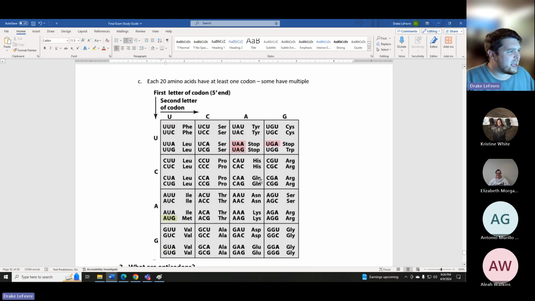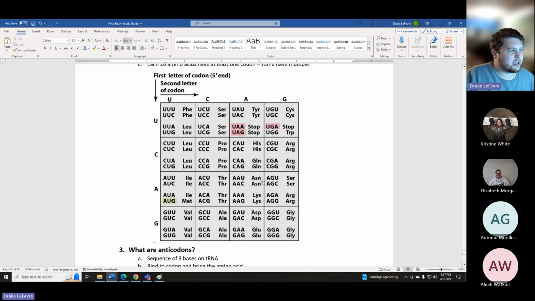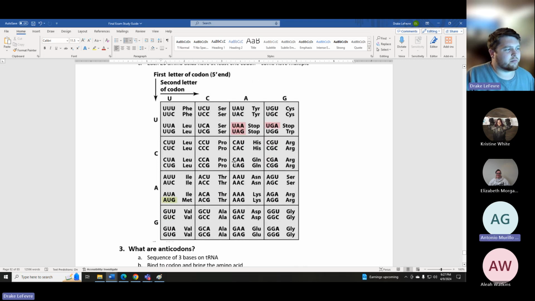You might want to know the stop codons as well, maybe. But he's not looking for you to just memorize this whole chart, so I wouldn't worry too much about that. Just know your start codon AUG. If you can remember the stop codons, that's great.